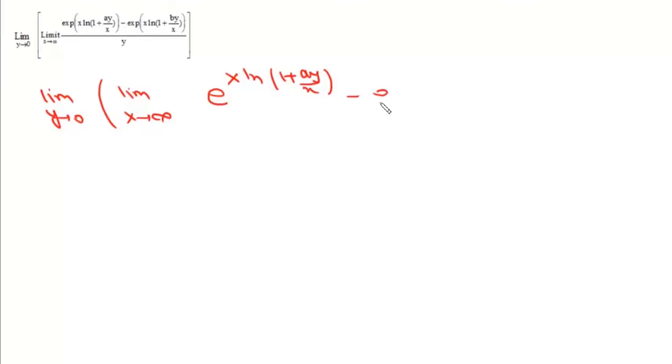Now here the question is, this limit y tends to 0, limit x tends to infinite, e to the power x log 1 plus ay by x minus e to the power x log 1 plus by by x whole divided by y.